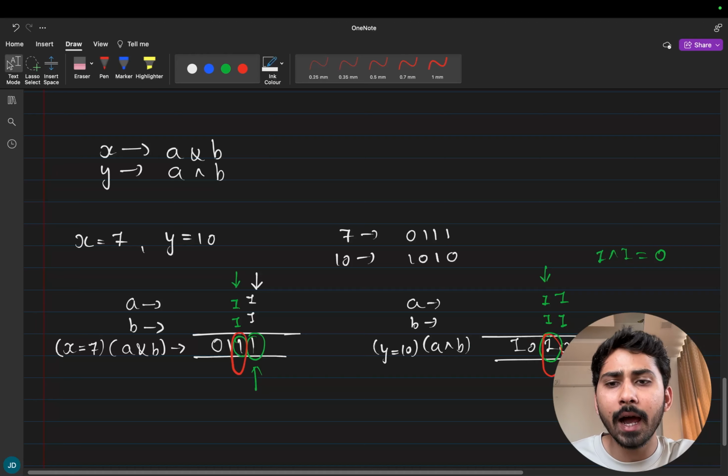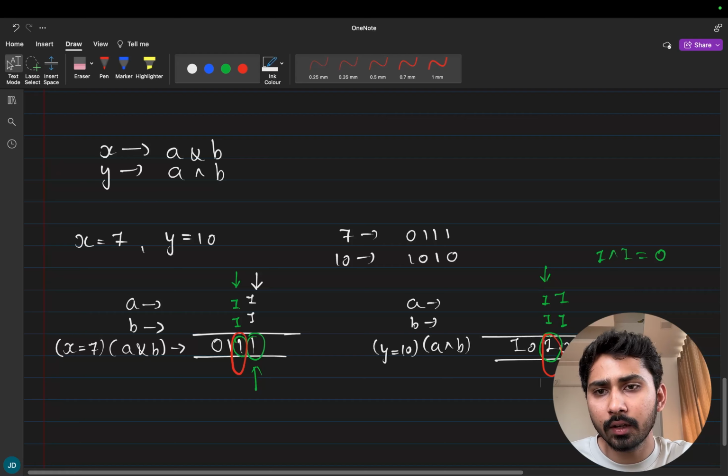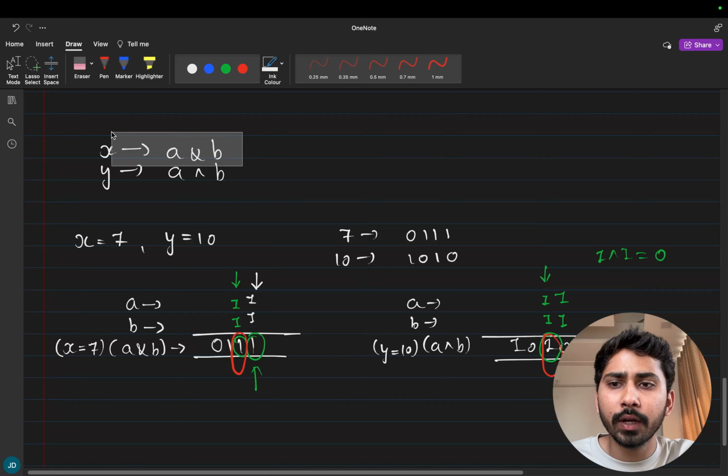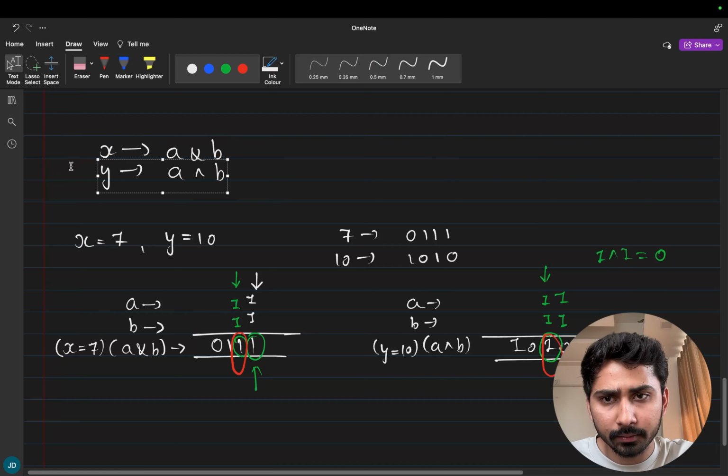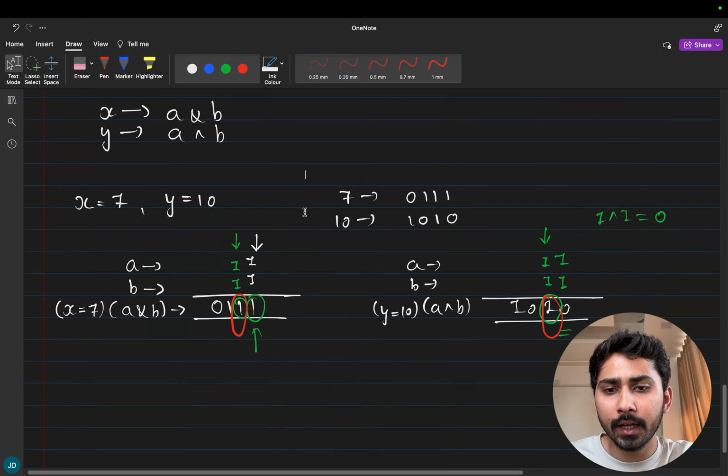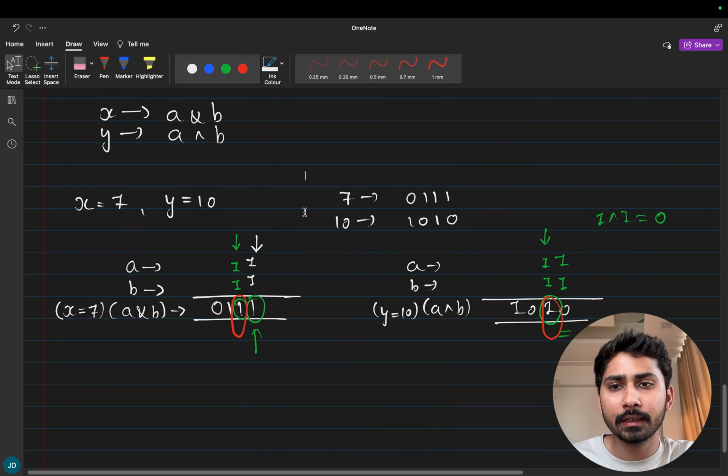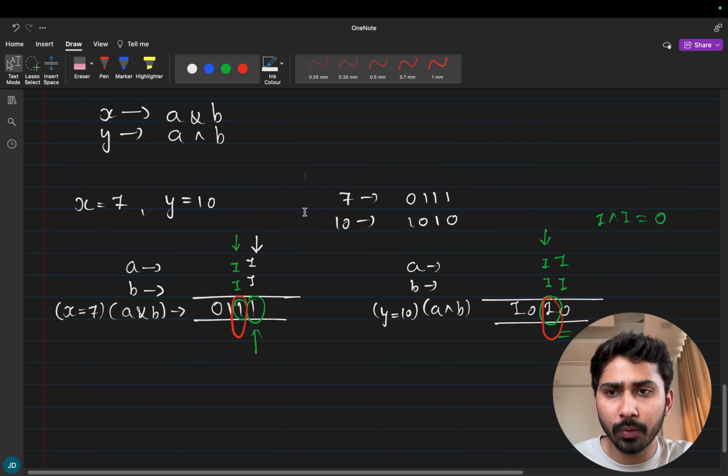If you need the ith bit set in X and the ith bit set in Y, then there is no pair existing which suffices A AND B equals X and A XOR B equals Y. I hope it is making sense to everyone. So I am saying that if you have any overlapping set bits in X and Y, then it is not possible to generate any kind of number.